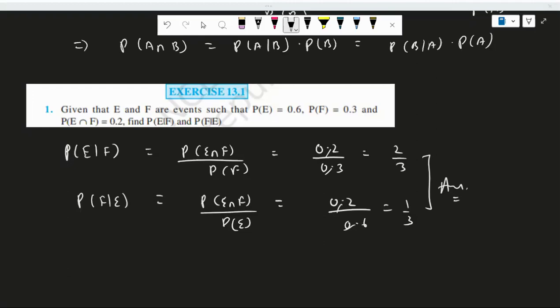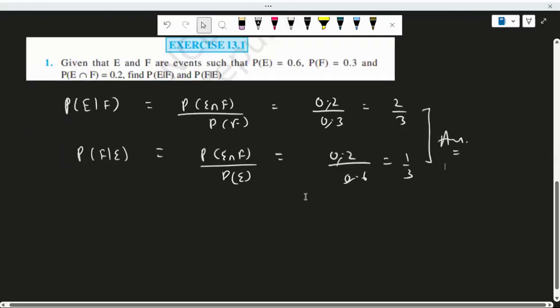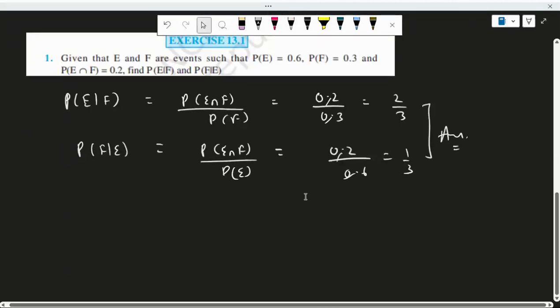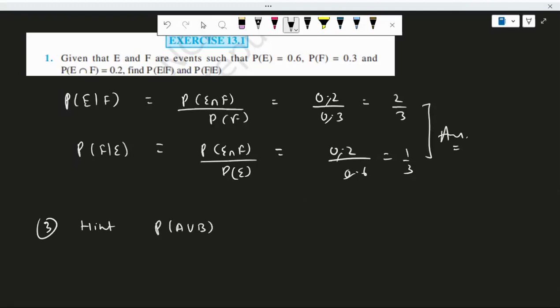In a similar way, you can find question 2 and question 3. What is the formula for P(A union B)? You studied it in class 10.